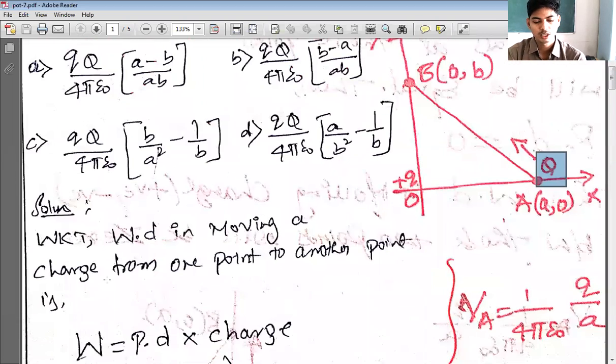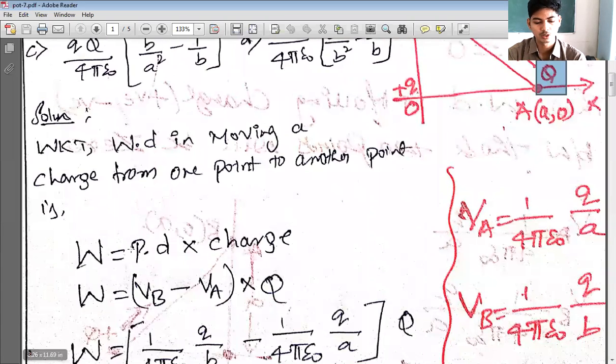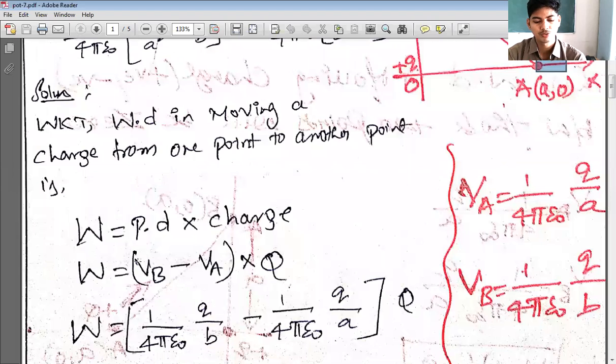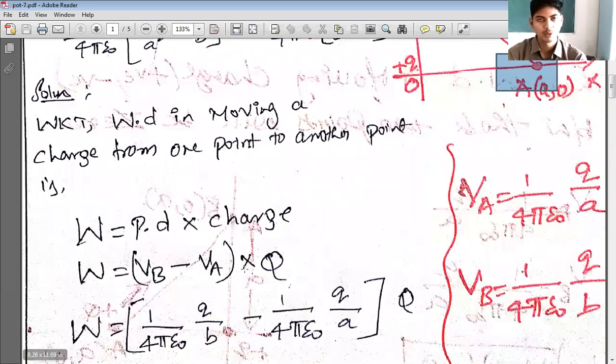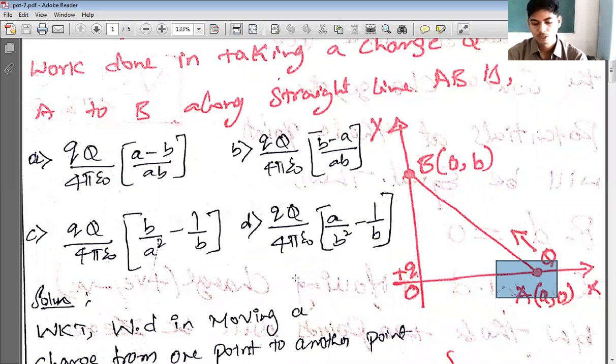So work done in moving charge from one point to another point is given by potential difference into charge. Potential difference is VB minus VA. Final position of the charge is B, initial position was A. Potential at final position minus potential at initial position gives potential difference. VB minus VA into the charge moved, capital Q.